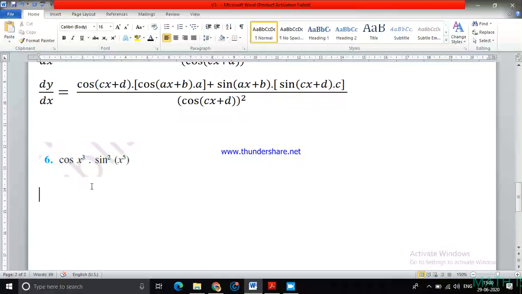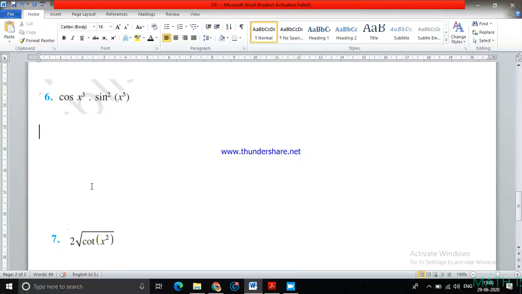This is the uv formula. cos x cube is the u term and sin square x power 5 is the v term. So we are going to use the uv formula.